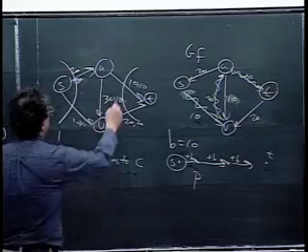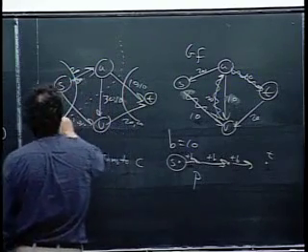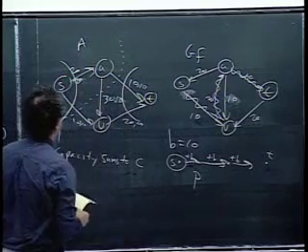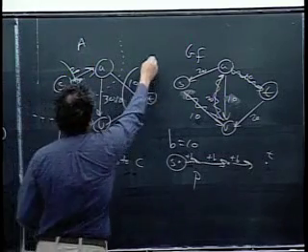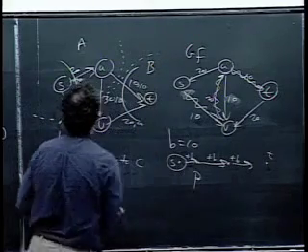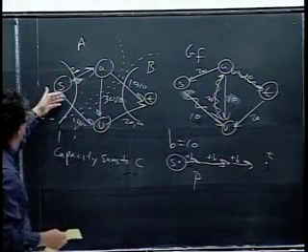So let's look at, let's say, S and U together. Take that as A, and then take the other portion as B. What do we have that goes across from A to B?